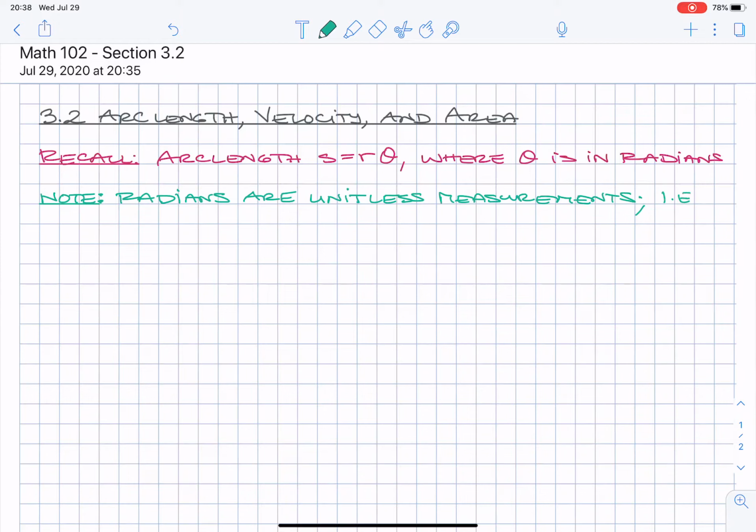That is, n radians is equivalent to some number n, where n is an element of the real numbers.